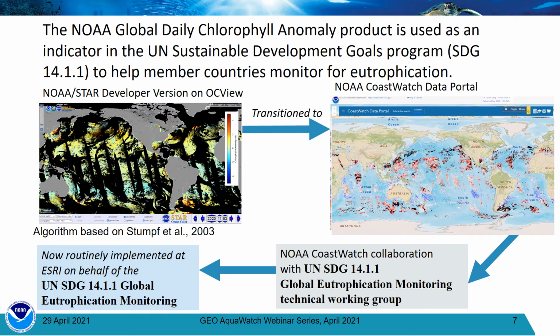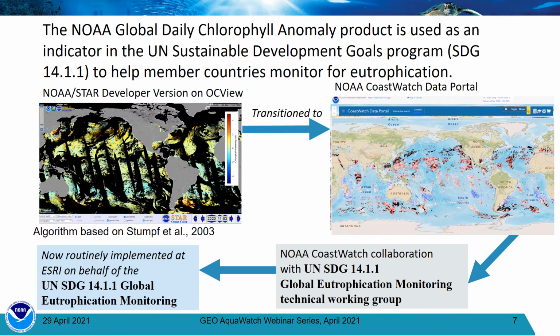Here we have an example where a JPSS Proving Ground project indirectly resulted in the development of this intraseasonal chlorophyll anomaly product by the NOAA Ocean Color team using JPSS VIIRS data. This daily global chlorophyll-a anomaly follows the method of Stumpf et al. in 2003, who developed, for an earlier ocean color satellite, a regional harmful algal bloom monitoring based on a 61-day median reference for the chlorophyll.